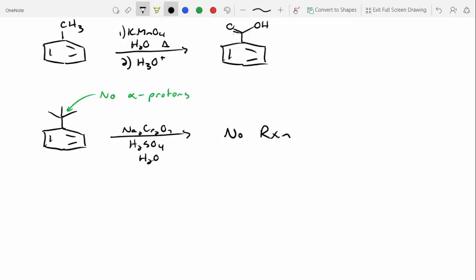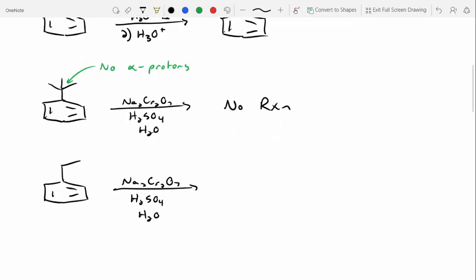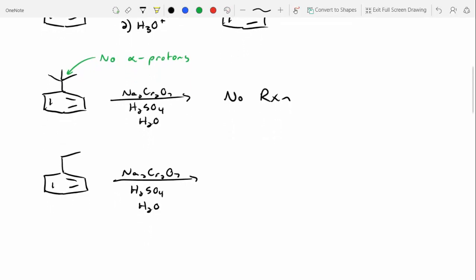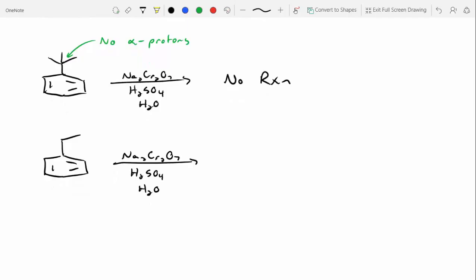One of the strange things is, well, what if we took this compound and treated it with the same reagents? Do we have alpha protons? Yeah. So now the question is, well, what will this turn into? Not quite.